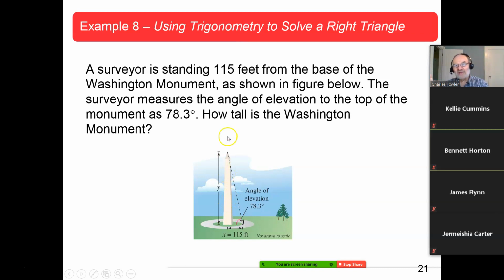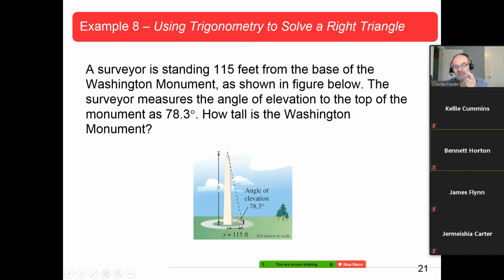So the question is, how tall is the Washington Monument? I would have labeled this H for height, or maybe T for tall, but they just called it Y. That's fine, you can call it anything you want. That's what we're looking for. You're given this measurement, the X value, you're looking for the Y value, and you're given the angle here.